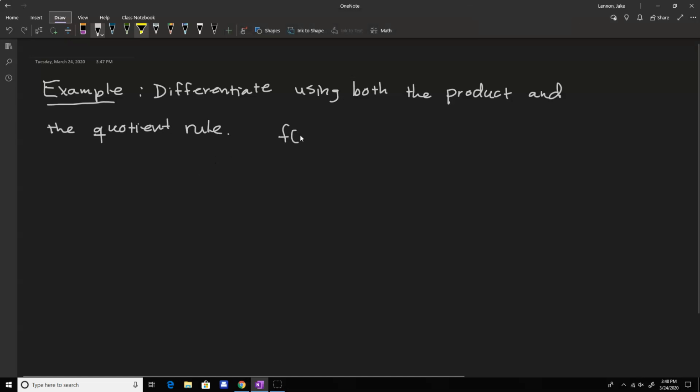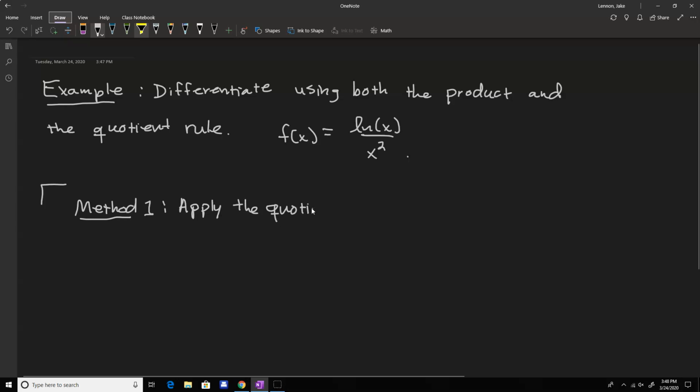Our function here is f of x equals the natural log of x divided by x squared. So again, let's do method 1. The straightforward way is to apply the quotient rule, because it is already a quotient of functions.